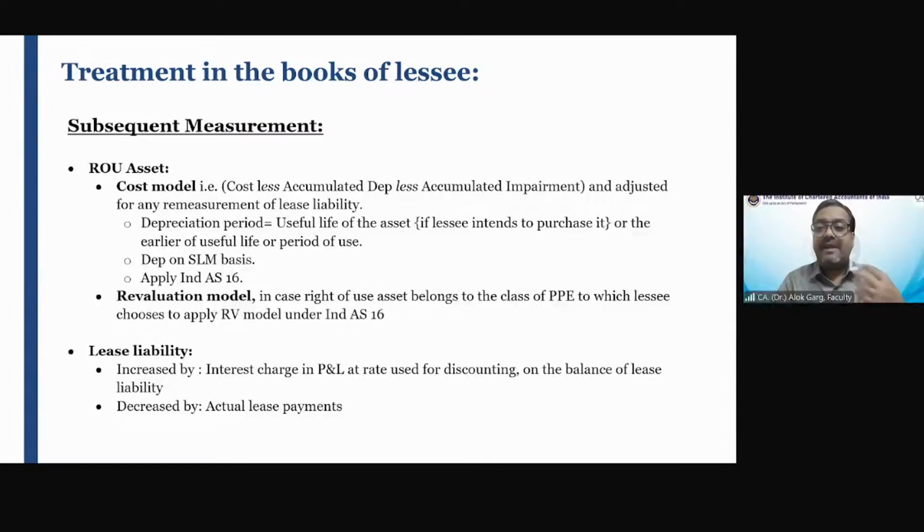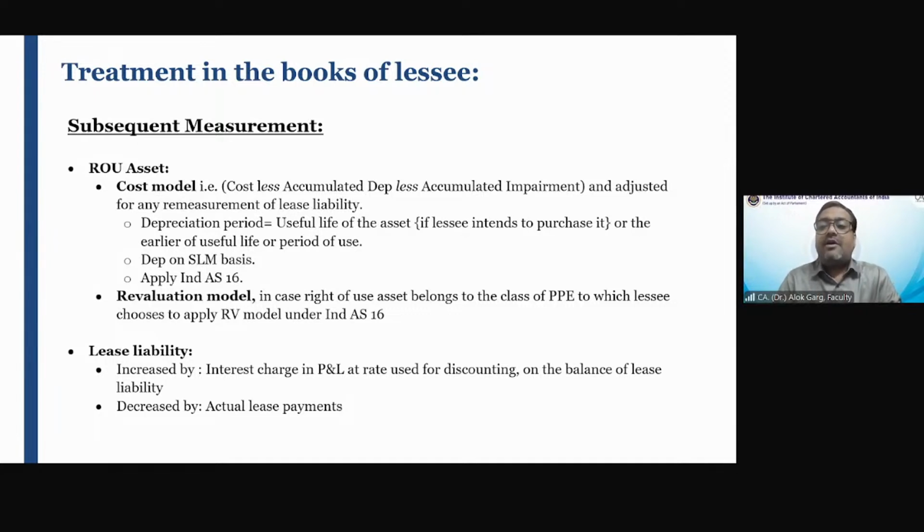So I was paying rental as per my original clause, but the prevailing market rental has significantly gone down, right? So friends, this is an indicator and you need to recompute the ROU, you need to check what is the recoverable value of ROU, and accordingly you will do the impairment also, right?